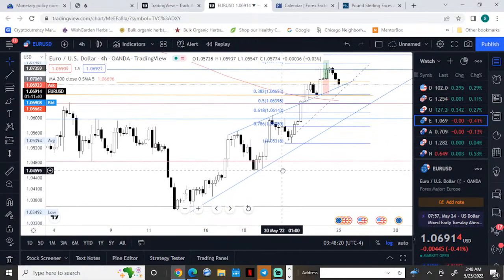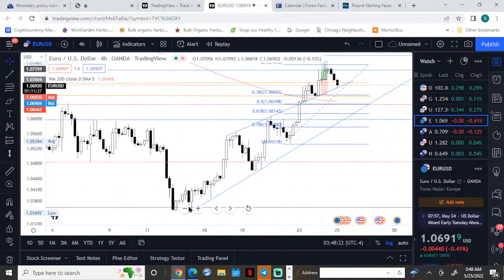All right. So we got our equal lows right here, our double bottom. We got our low, our higher high, higher low, higher high, higher low, higher high, higher low, higher high.